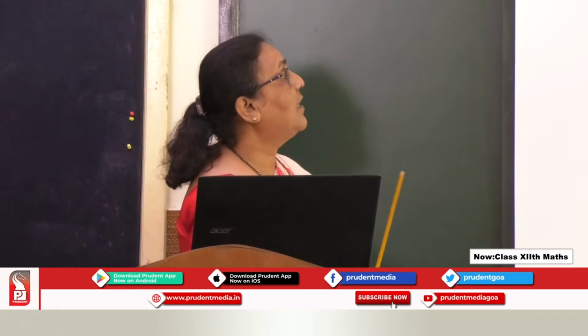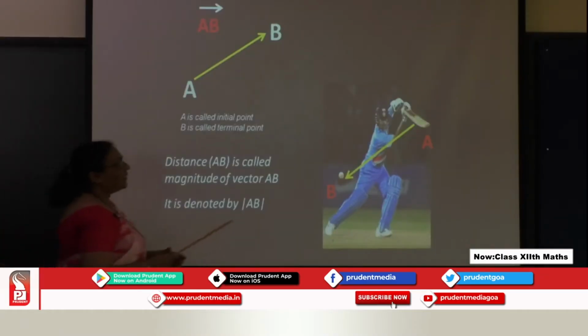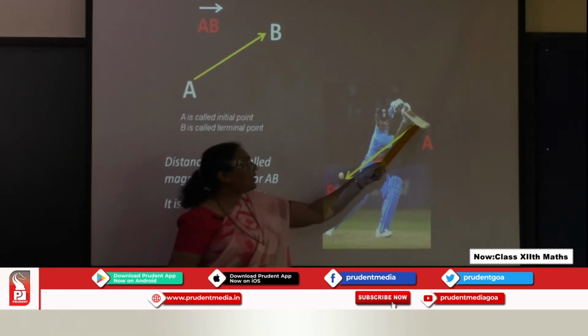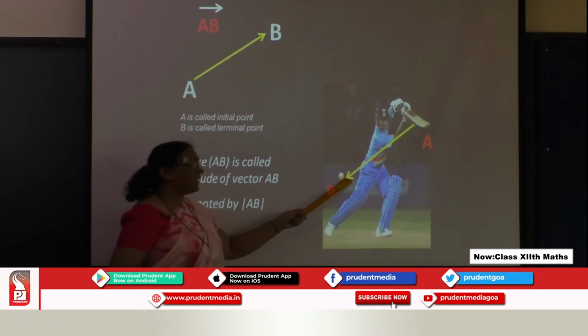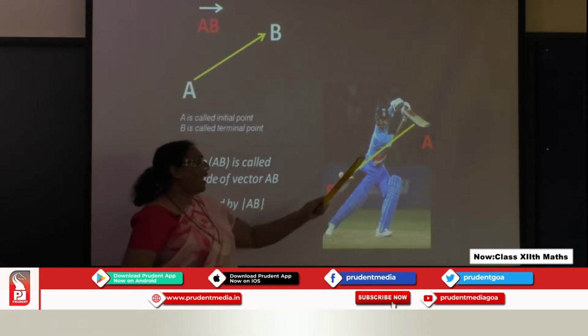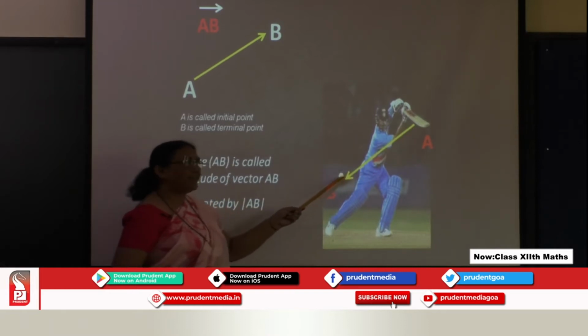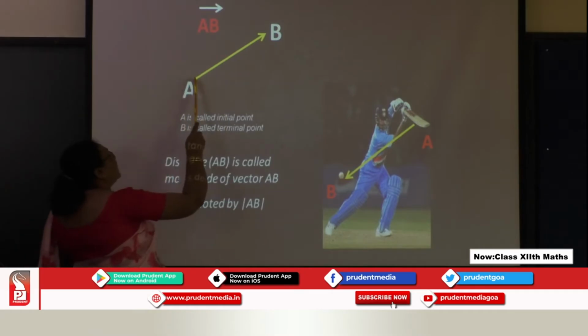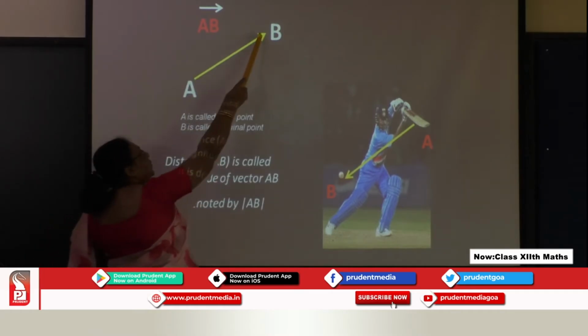Now see here, the ball is hitting here and it is coming here. So this point is called the initial point. The ball is moving in this direction. It has direction and it has magnitude. The magnitude of this is AB, and it is moving in this direction. It is the vector AB. Now see this arrow. It starts from here and goes here.